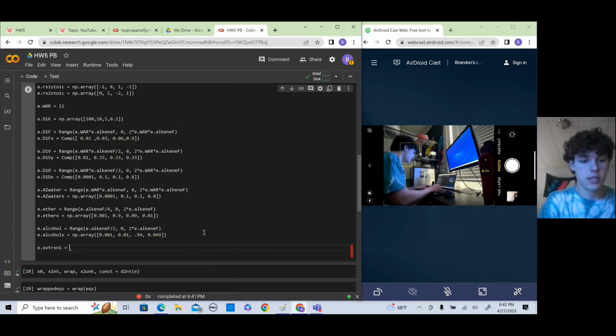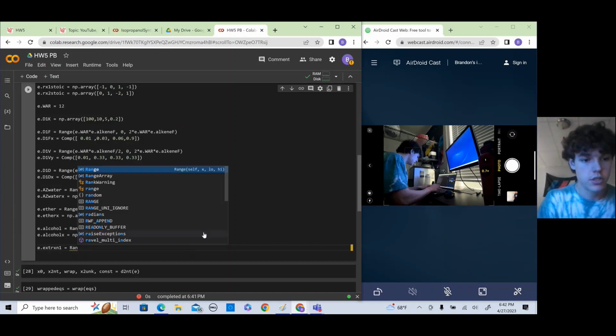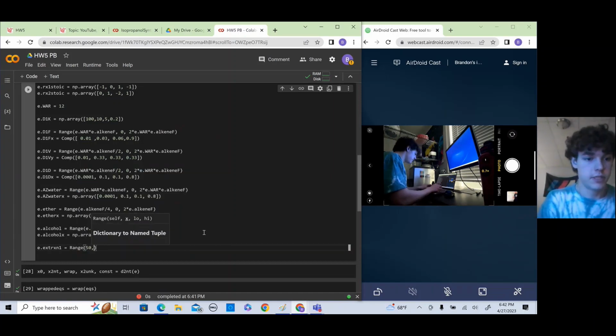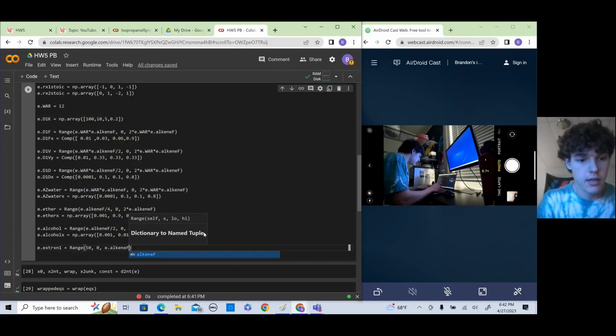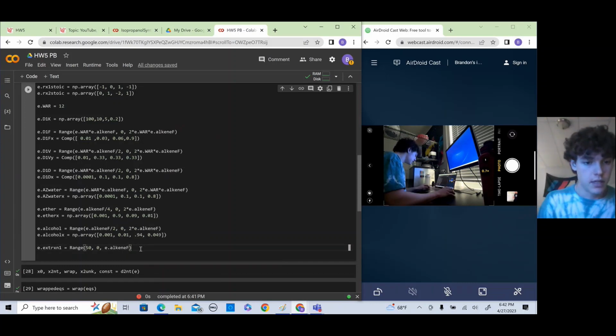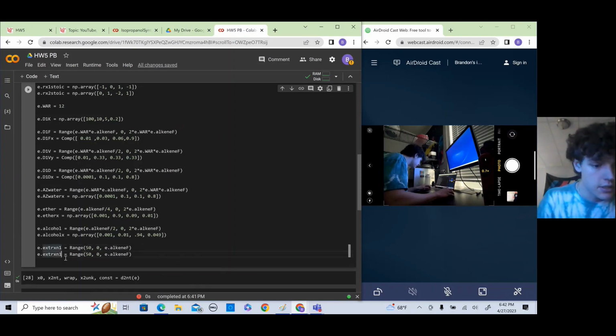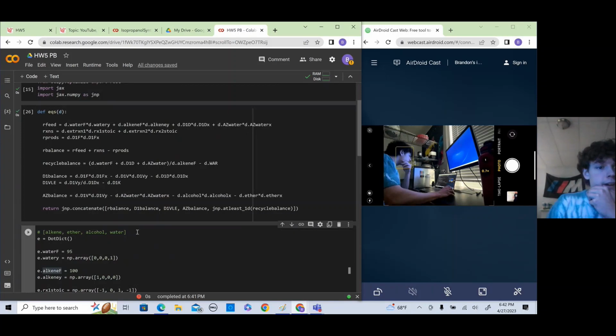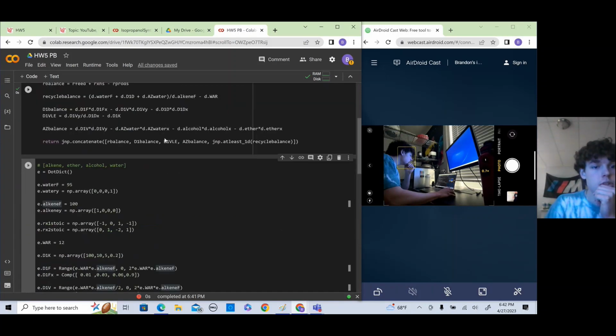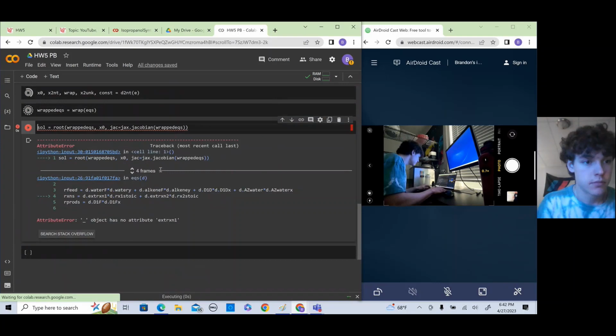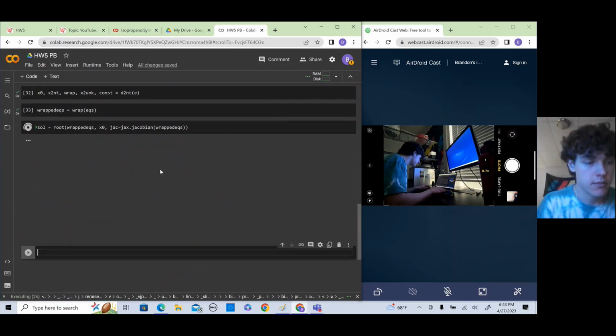We can say this range of 50, 0, and E dot alkene F. Then we can have our E dot reaction 2. This one should be lower. 5. That's upper bound again. D dot reaction. So now, what does this give us?